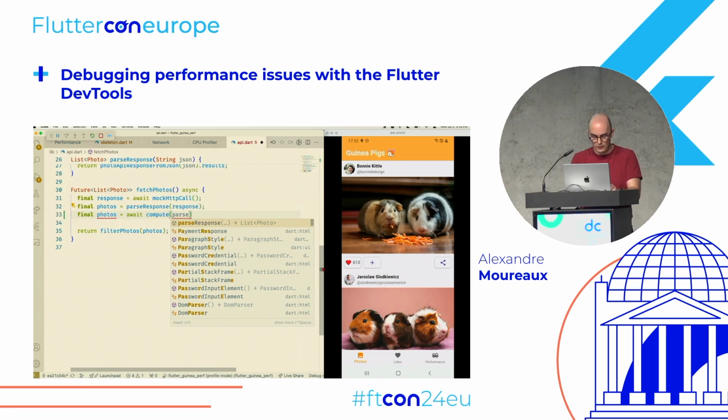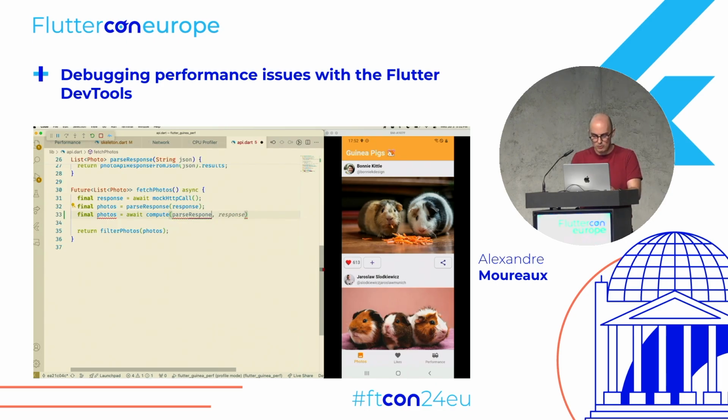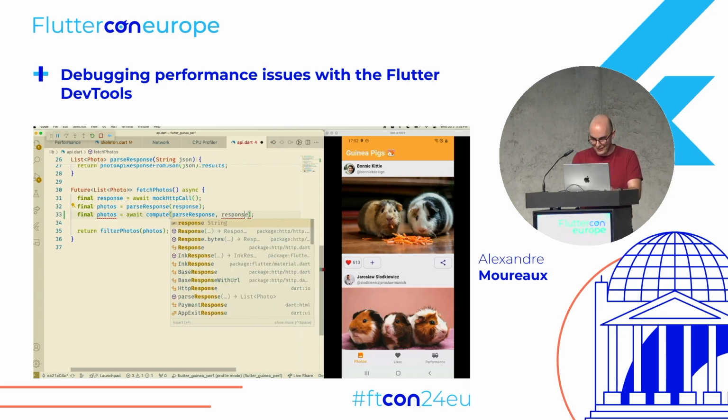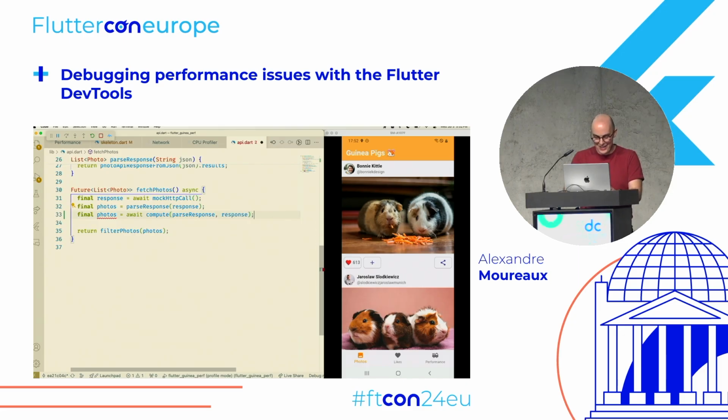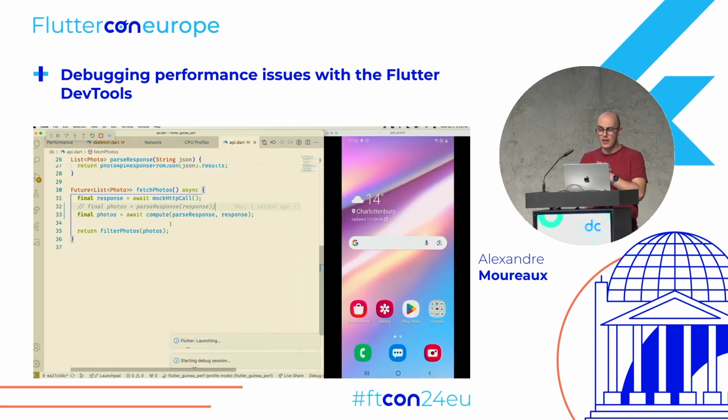Parse response, so the function, and then, oops. Okay, I should probably have had a snippet for that. And then, yeah. So very simple. We replace our parse response with await compute. And what it's going to do is really offload that to another thread so that it can run in parallel and not block the UI thread, which is responsible for drawing frames and animations.